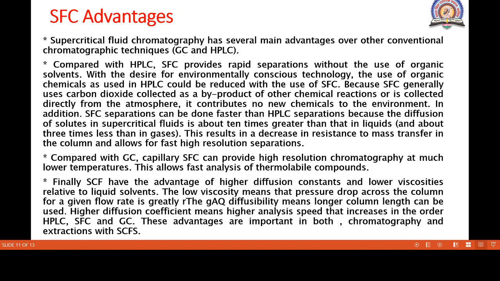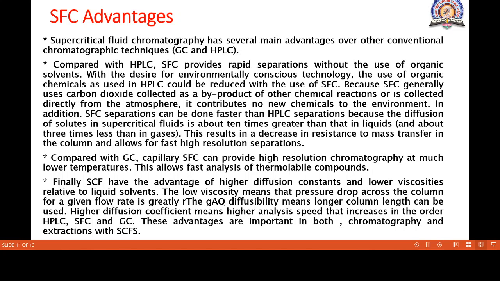In addition, SFC separation can be done faster than HPLC separation because the diffusion of the solute in a supercritical fluid is about 10 times greater than that in a liquid and about 3 times less than in a gas.